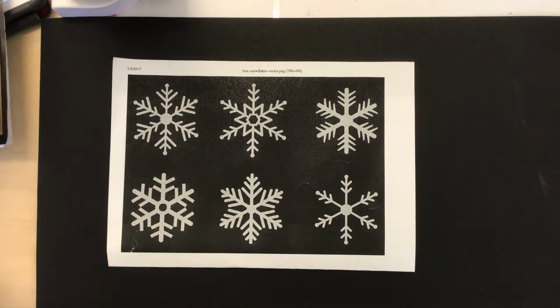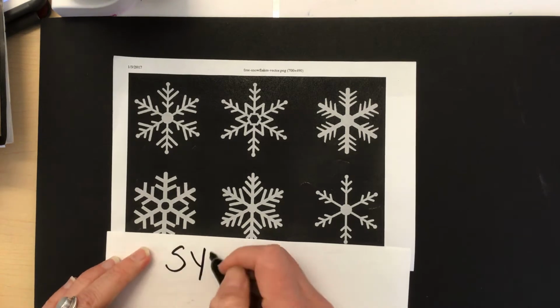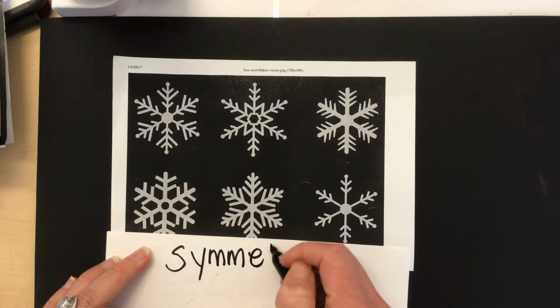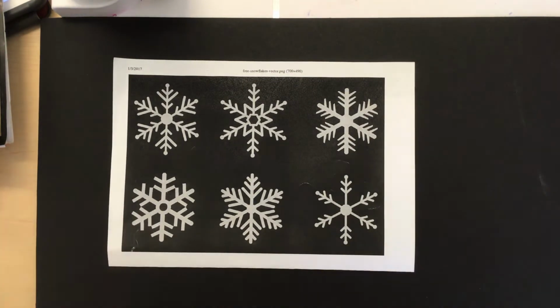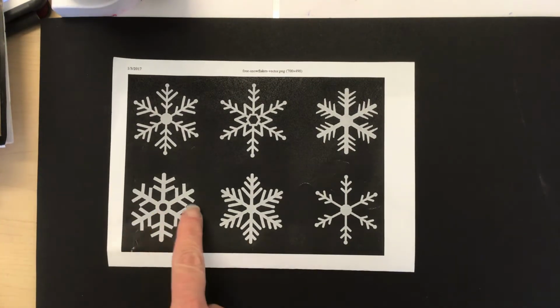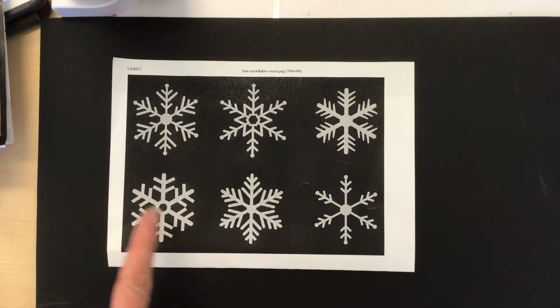So, of course, I can't find one. All right. The word symmetry looks like this. S-Y-M-M-E-T-R-Y. So symmetry means that something is the same on both sides. And some things even are the same top to bottom or even diagonally, like the way that these snowflakes are.